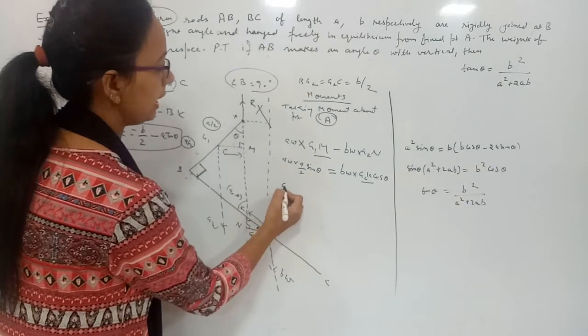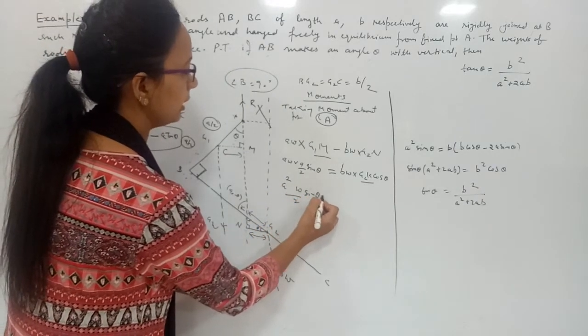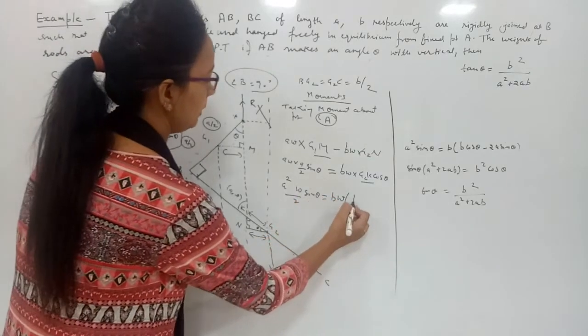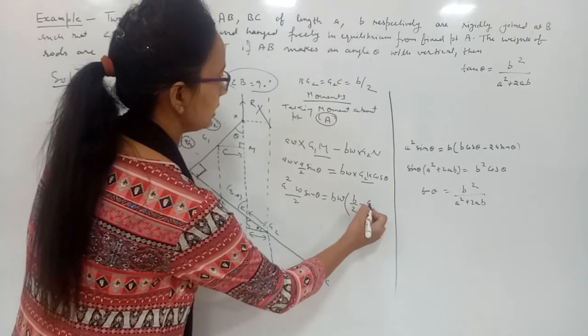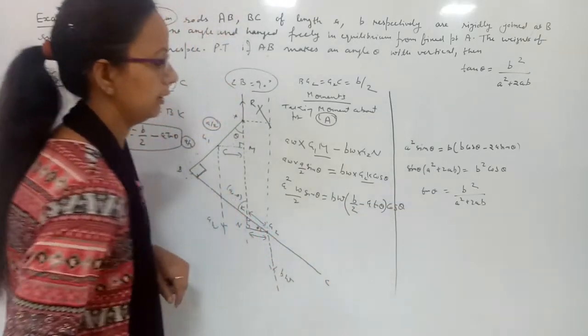So we have A square W by 2 into sin theta is equal to BW into (B by 2 minus A tangent theta) into cos theta.